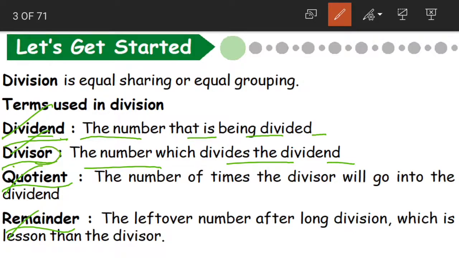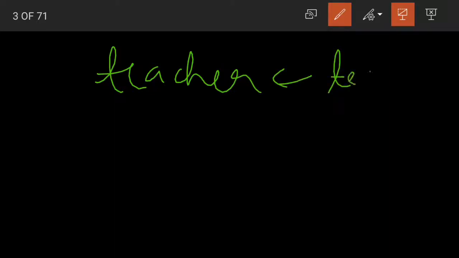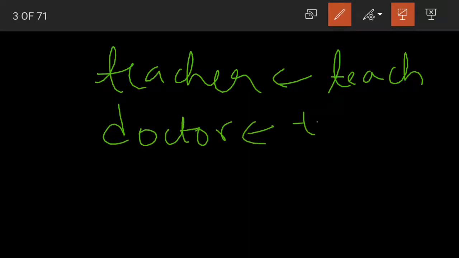See, whenever we have 'or' or 'r' at the end of a word, say teacher. When we say teacher, what do we mean? We mean a person who teaches. And when we say doctor, a doctor is someone who treats sick people.